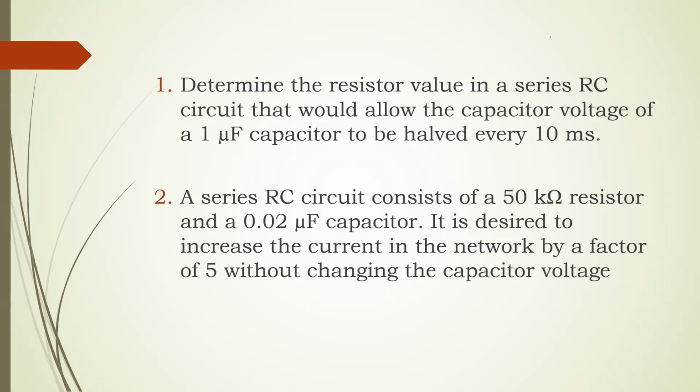So I replace V(t) with V naught over 2, and then I have V naught times e raised to the negative 10 milliseconds over R and the C value, which is 1 microfarad. I converted it from exponential form to ln form to give me ln of a half is equal to negative 10,000 over R.